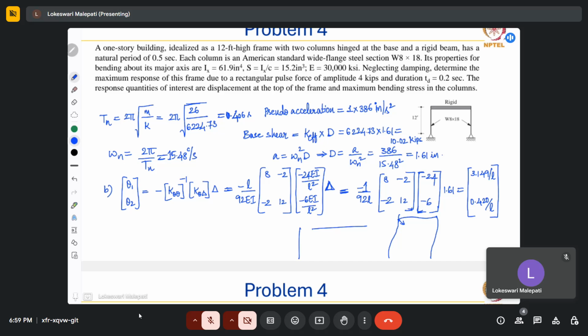This moment we can find out using the slope deflection equation. M1 is equal to 4 EI by L theta 1 plus 2 EI by L theta 2 for the beam. So the same moment would be acting here as well.